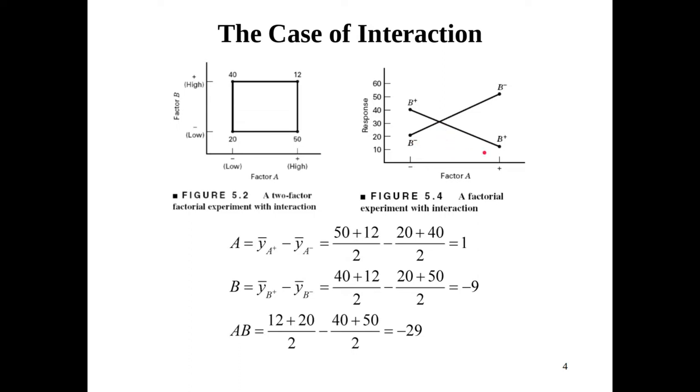you see significant change. For example, when you go from factor A low value to factor A high value, when B values are negative, your response is increasing. But when your B values are positive, your response is decreasing.